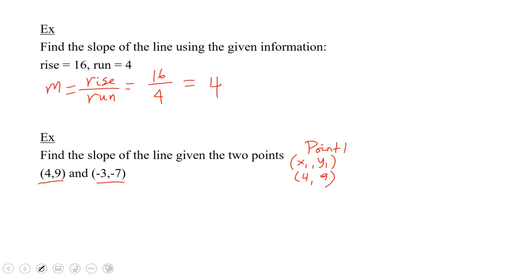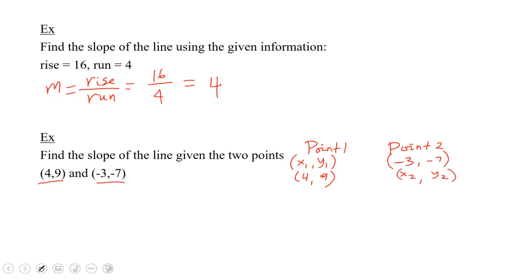So x1 is 4, y1 is 9. Point 2 is the second one. You can do vice versa, but it's better to always stick to the first one being point 1 and the second one point 2. So x2 and y2 are from point 2.